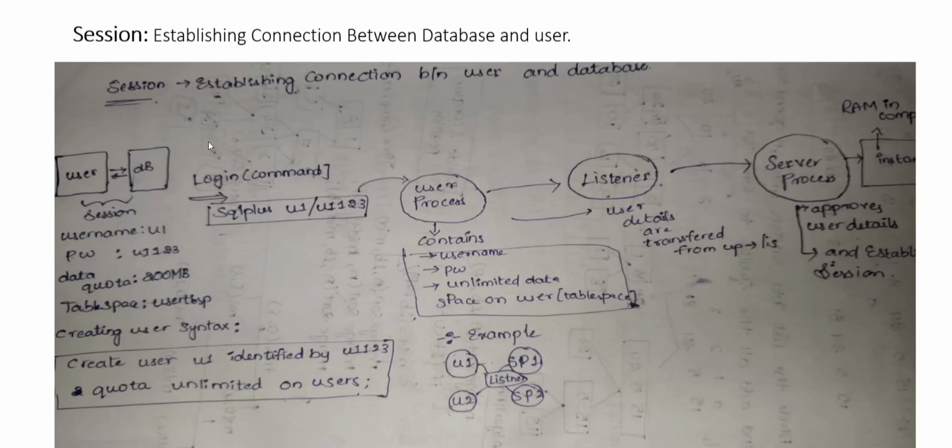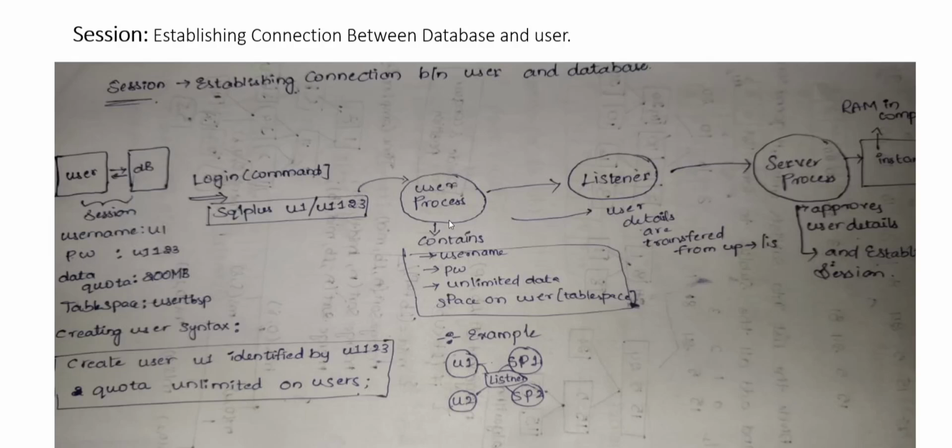For example, Suma is my username and the password is something. We execute the command for user login, like SQL plus, username and user password. After that, the session is established. That means we have connected with the database and we can create tables in the space that we have allocated at the time of creating the user.